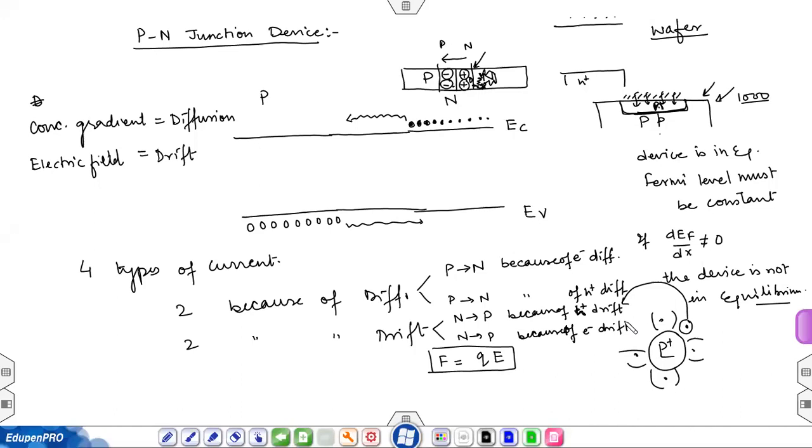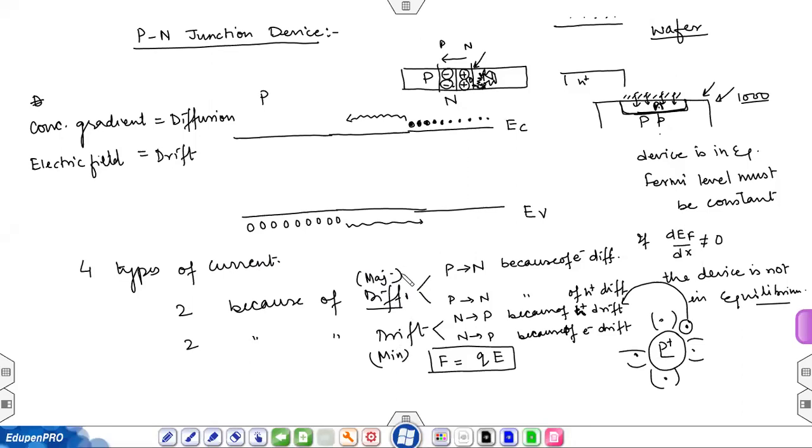So now, because of the concentration gradient, there exists an electric field. And now that electric field opposes the further movement of majority charge carriers. Listen carefully, I'm telling you again. Diffusion happens because of the minority or because of the majority? Majority charge carrier. Yes. So diffusion happens because of the majority, and drift happens because of the minority.